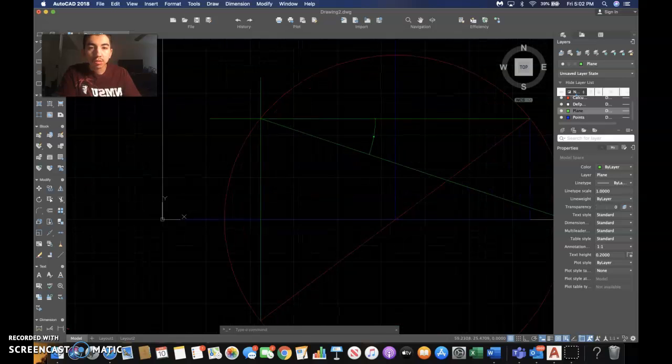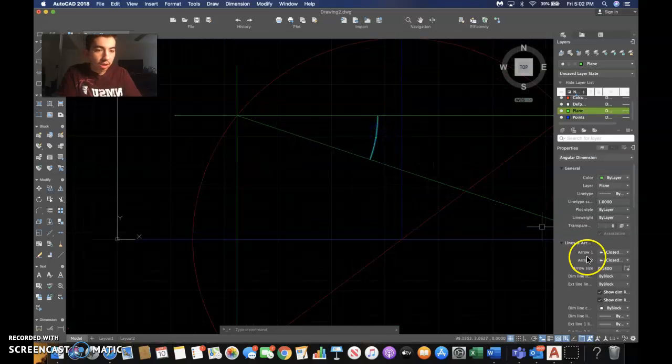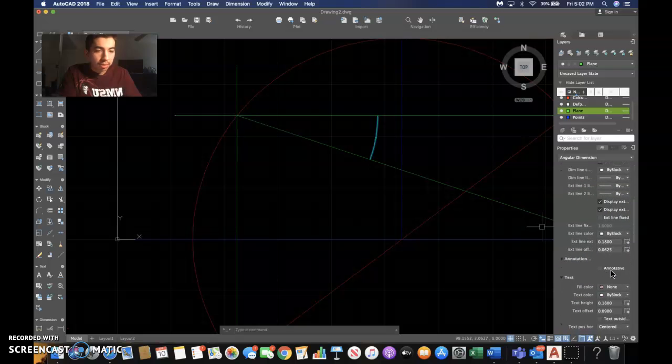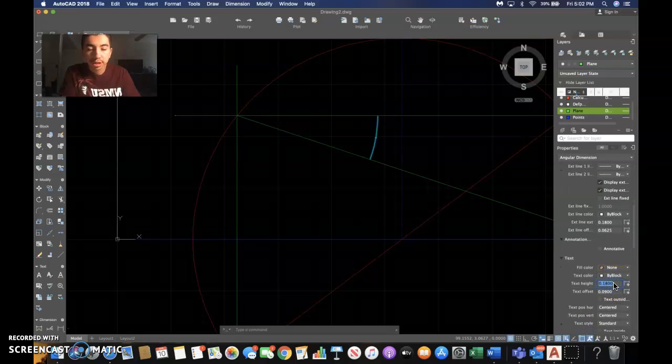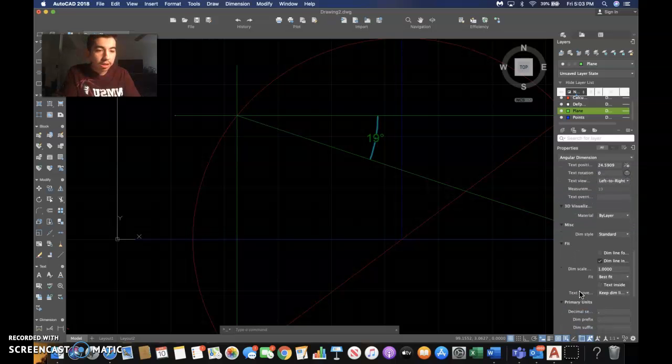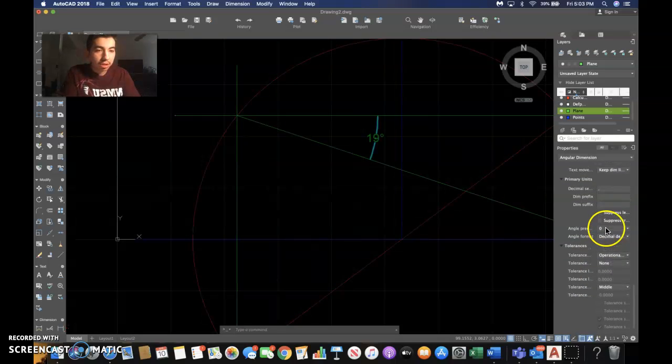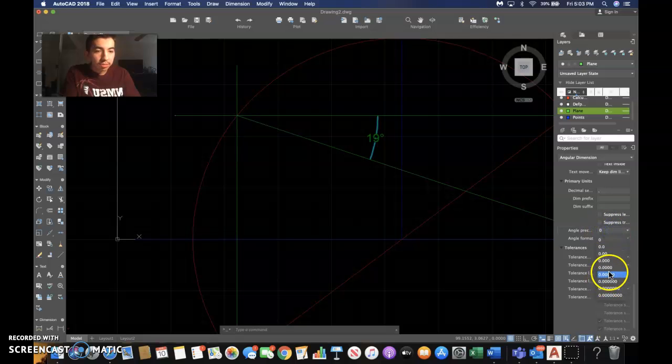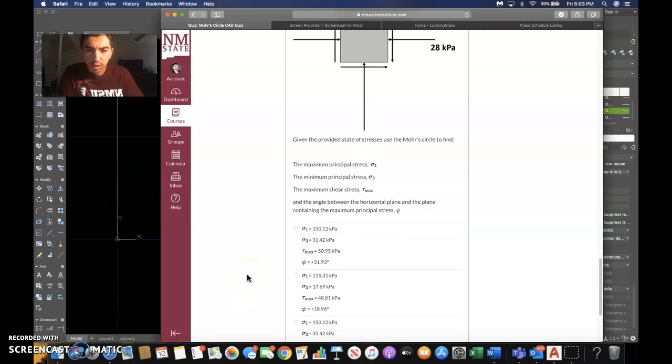Okay, so I'm going to zoom in. Put the text height a little bigger so it's easier for me to see. So right now it's at 19 degrees, but see, I'm going to change my precision. Okay, let me see what the question asks. So it's 2 decimals.